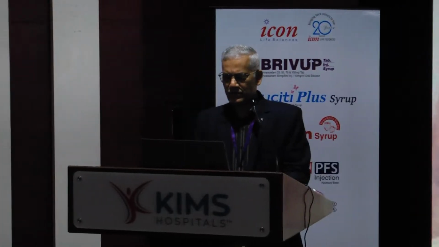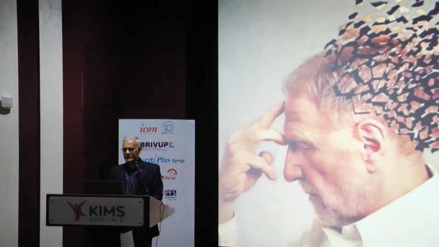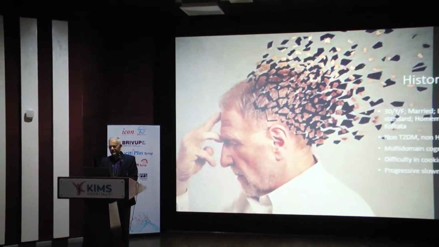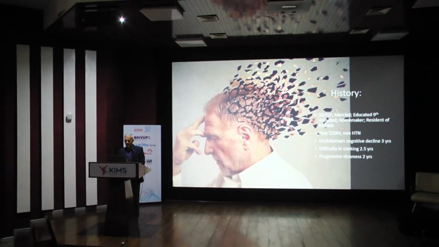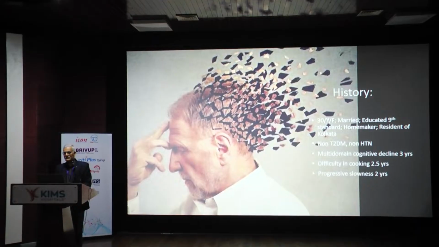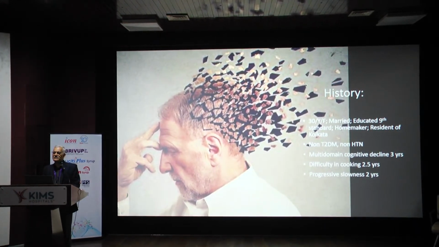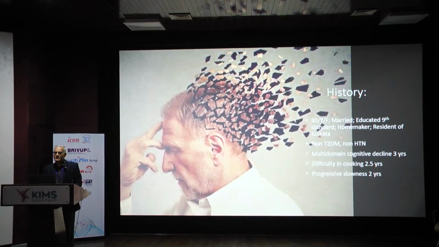So I will begin with a case. This is a very young lady of 30 years old, educated up to 9th standard, without diabetes or hypertension. She presented with a 3-year history of different types of cognitive symptoms, cooking difficulty, and progressive slowness. Most of the time, the examiner prefers a case which has some demonstrable findings.